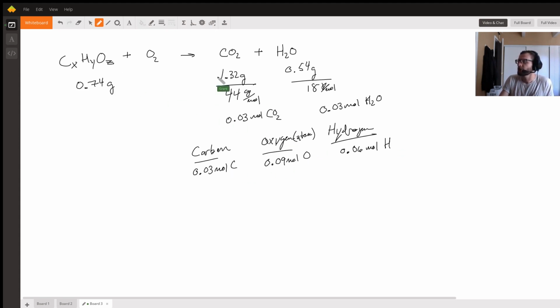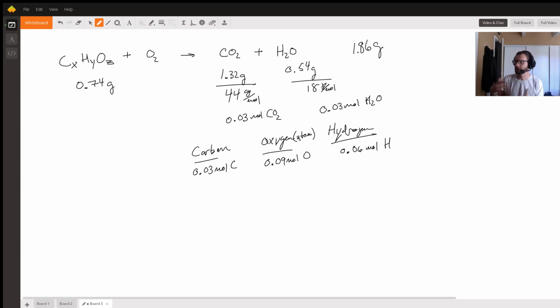You don't want to count the atmospheric oxygen in your molecular formula. It just doesn't belong. So we're going to have to add up everything. We take 1.32 plus 0.54, and we get 1.86. So 1.86 is the amount of grams of CO2 and water, the amount of products we have.